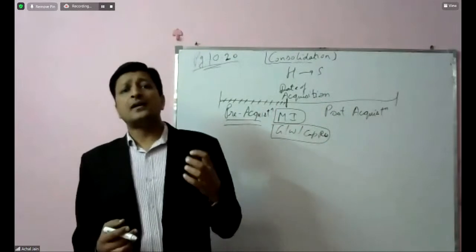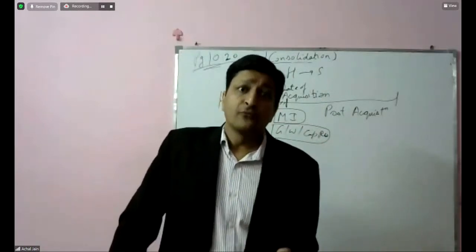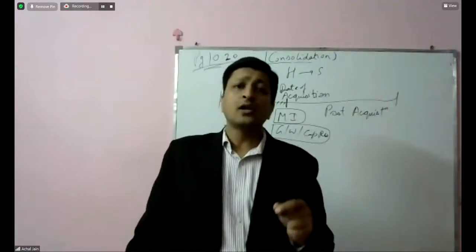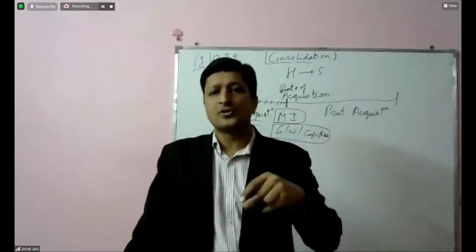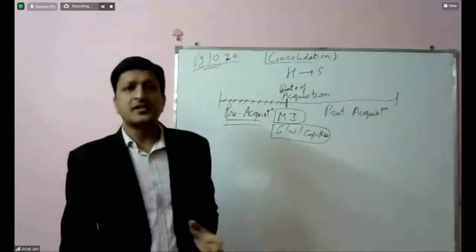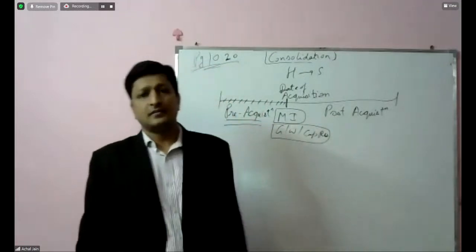Now coming back to the adjustment which we are going to discuss, which is also dependent on whether the profits are pre-acquisition or post-acquisition. Let's understand. This is about dividend.